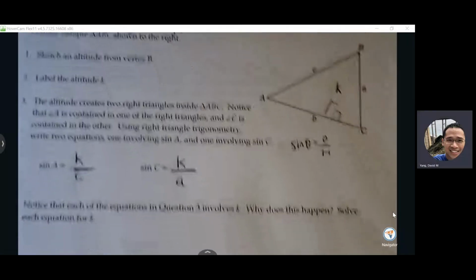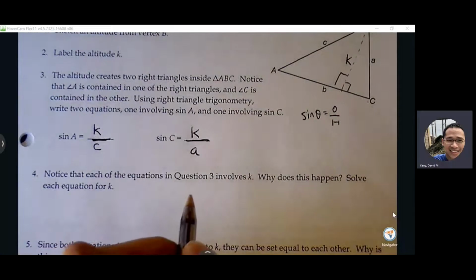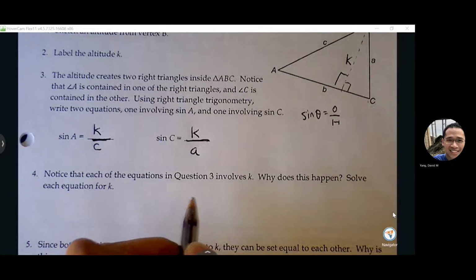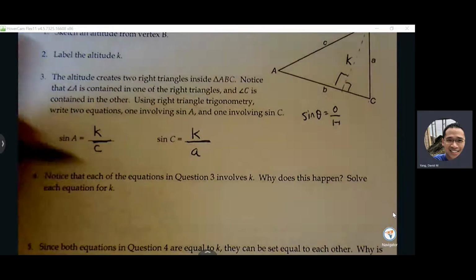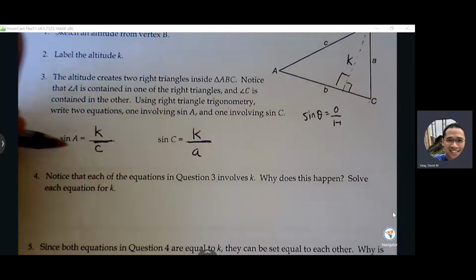Okay, notice that each equation in question 3 involves K. Let's go ahead and solve for K in each of these equations, cross multiplying.